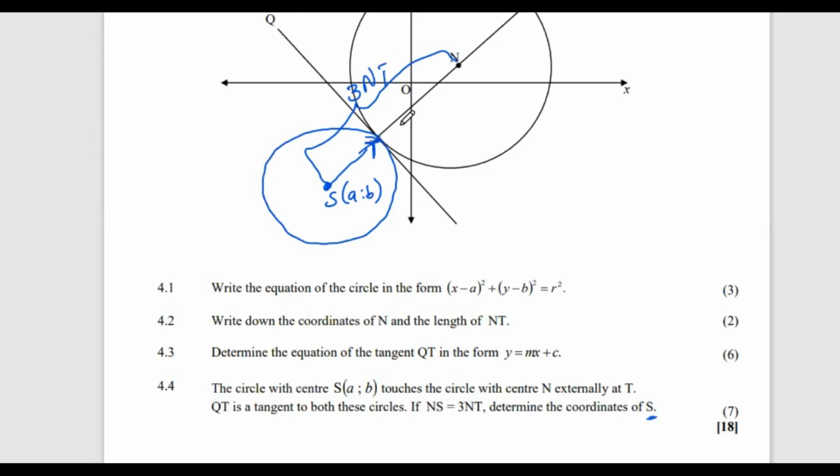So guys, we got the coordinates of T, which were (−1, −2). We got the equation to be y = −x − 3. And we also got the radius to be 3√2.